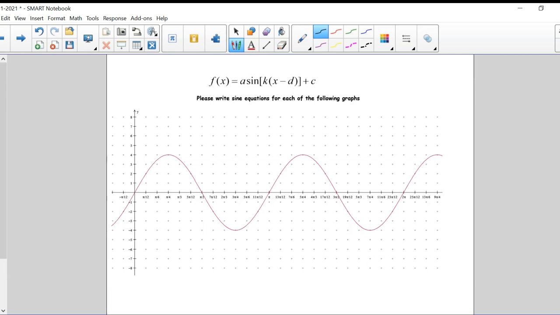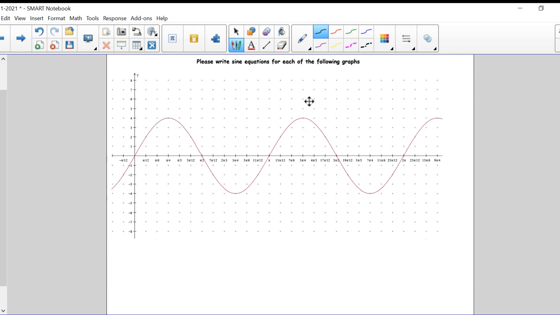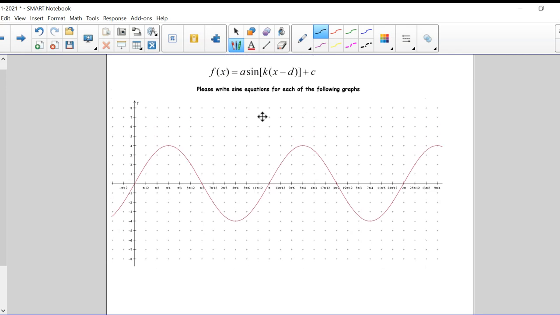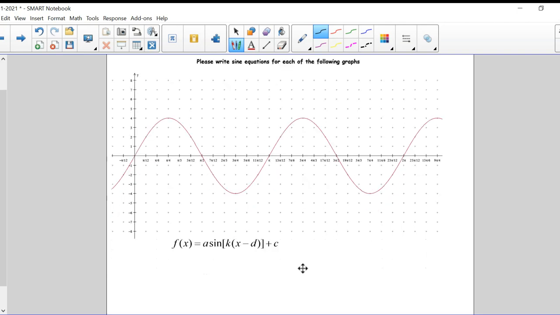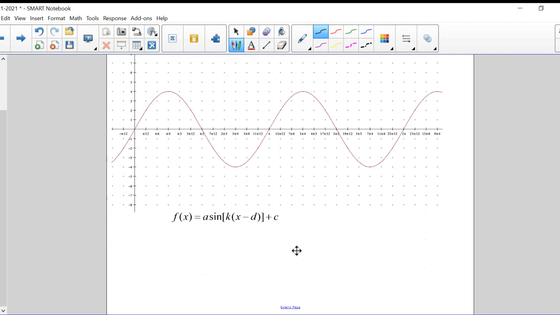The A here, just so you know, right? Since some people haven't done this before, the A is going to represent the amplitude of the function. So if you can figure out the amplitude of the function, that'll be your A.